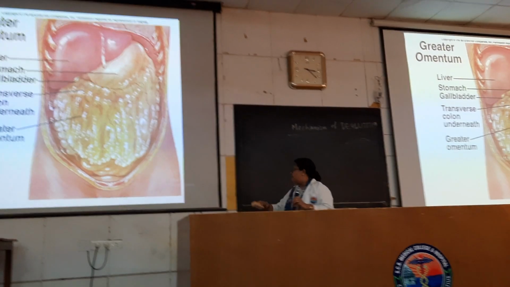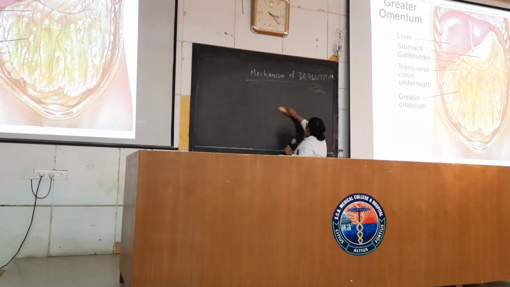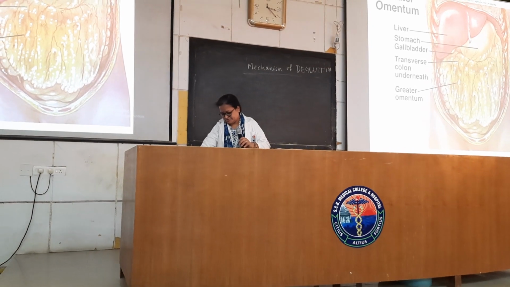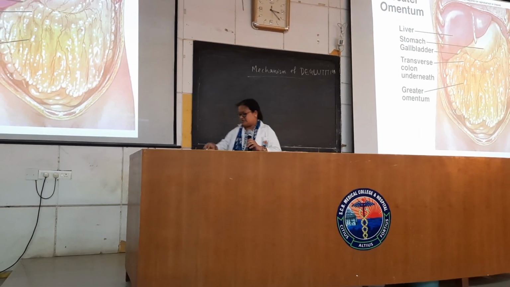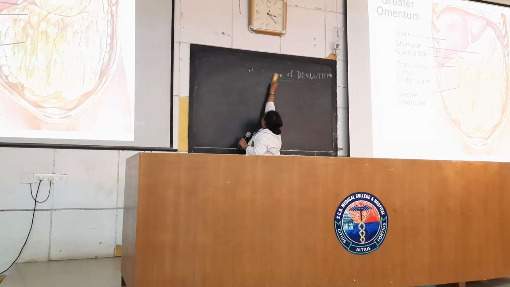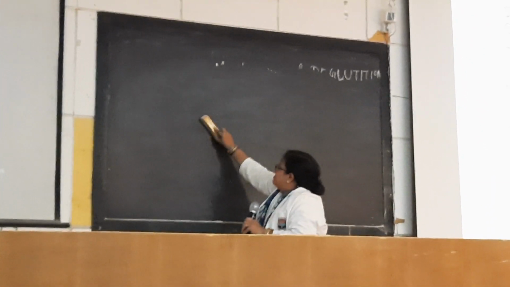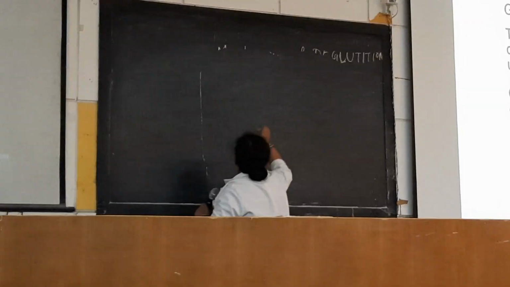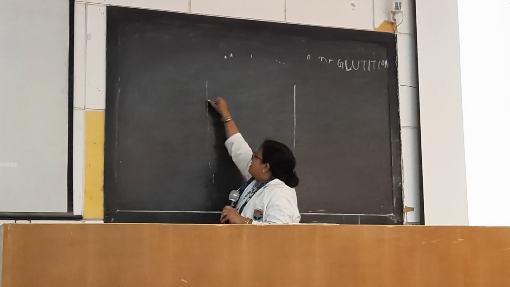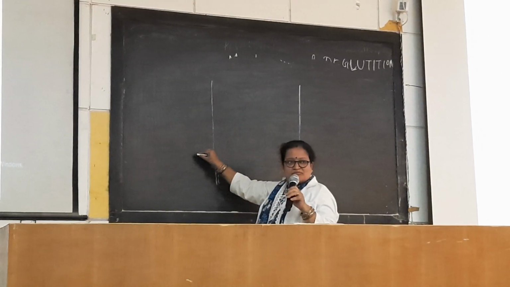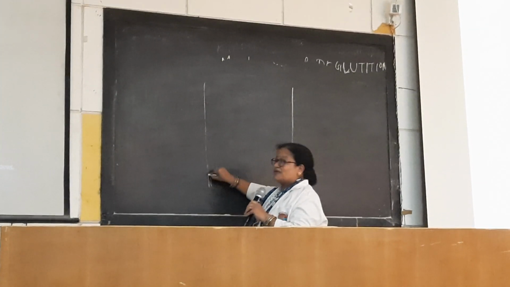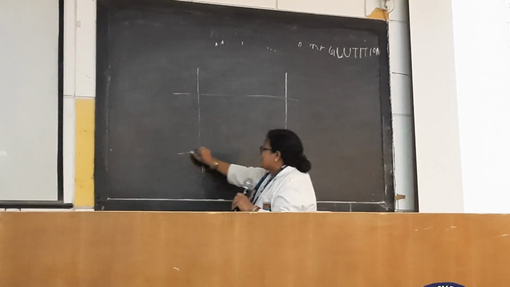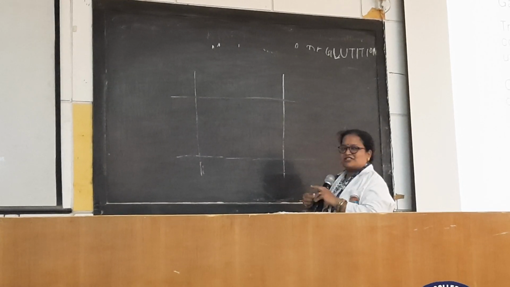The 2 vertical lines are the mid-clavicular line joining the mid-inguinal point on the right and left. And the 2 horizontal lines are the transpyloric plane and the transtubercular plane.